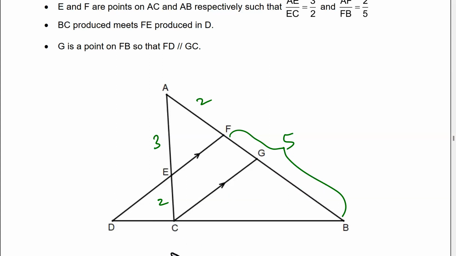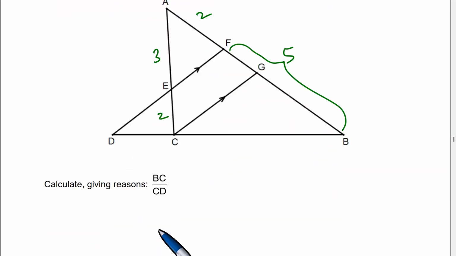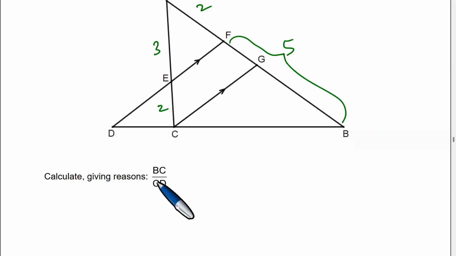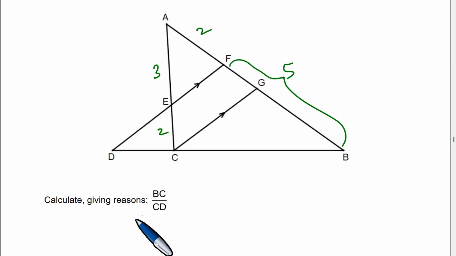They've been shown to be parallel. Calculate, giving reasons, the ratio of BC to CD.